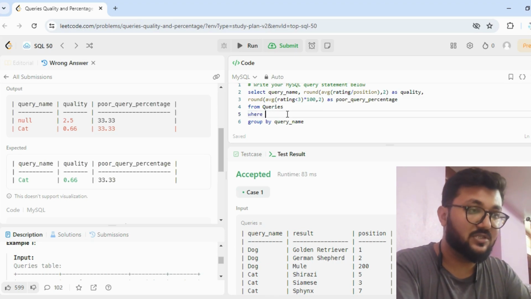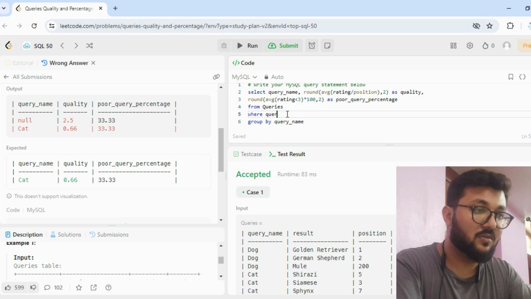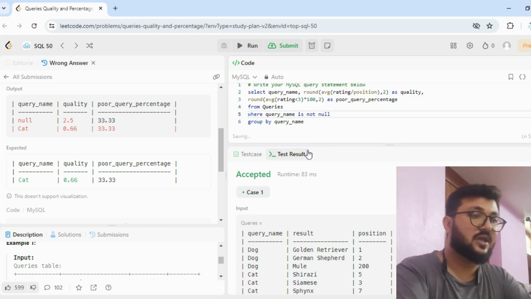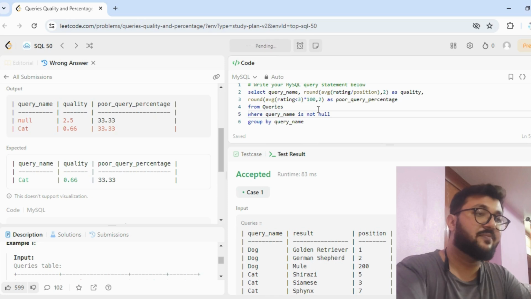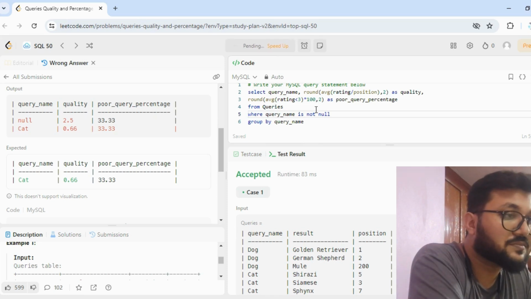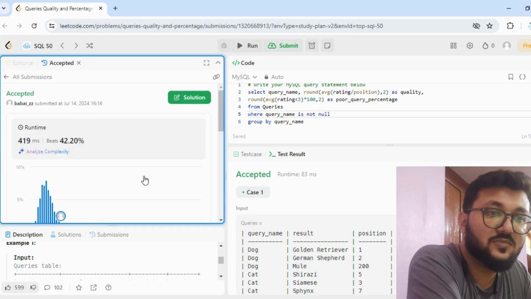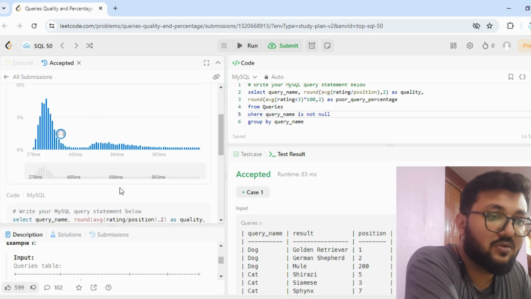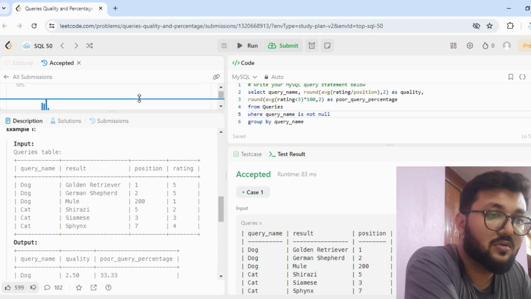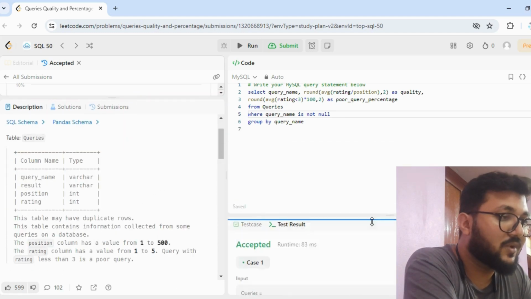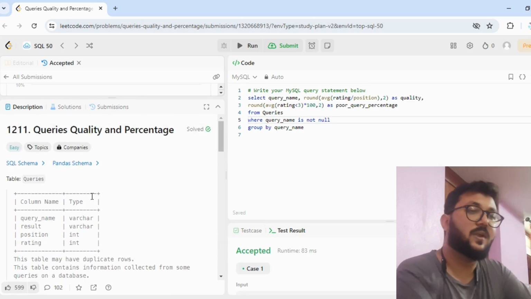So I will use this condition where query name is not null. Okay, I think this is okay. Now I will submit it. See, they have accepted the code. So this is my query for the question on query quality and percentage.